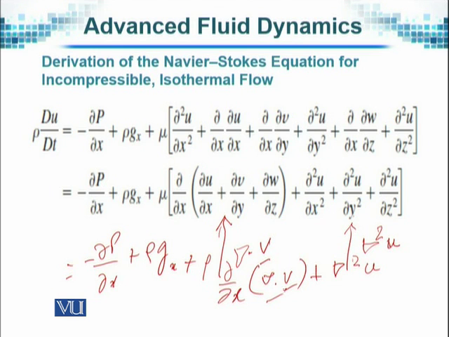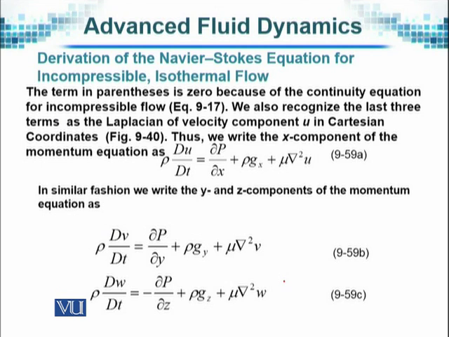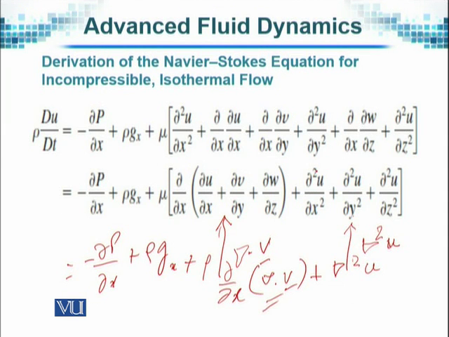This term is the continuity equation and it can be reduced to 0. And when we write down, we can write the same equation in this form. As you have seen here, if this term reduces to 0, then this whole term will be reduced to 0. And therefore the only non-zero term that appears from here is this.